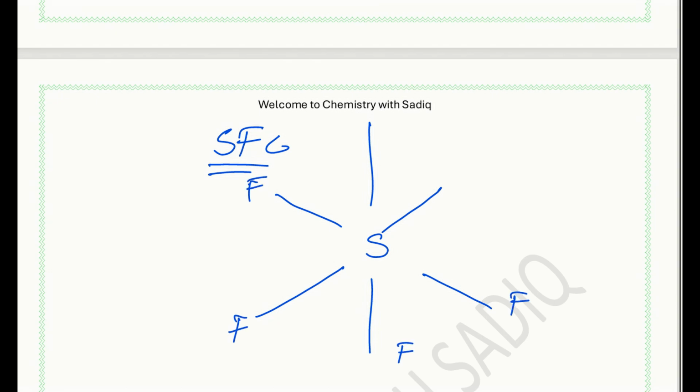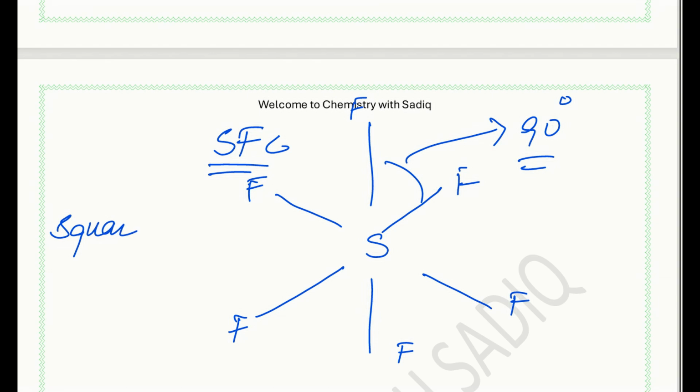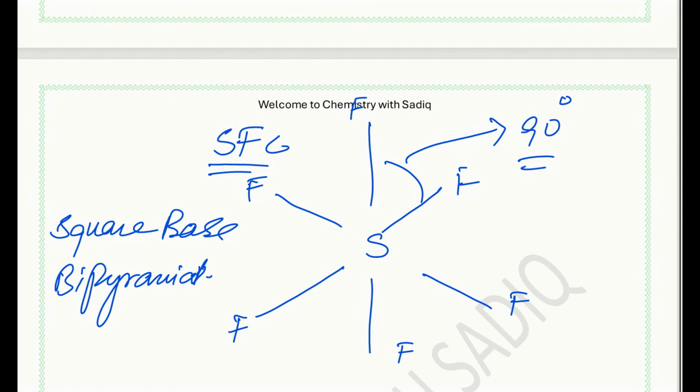And the bond angle is always 90. There is no other bond angle. So it's called square base bipyramidal shape.